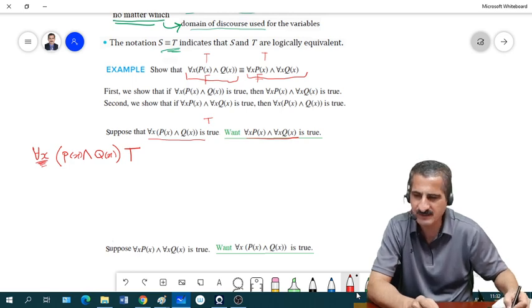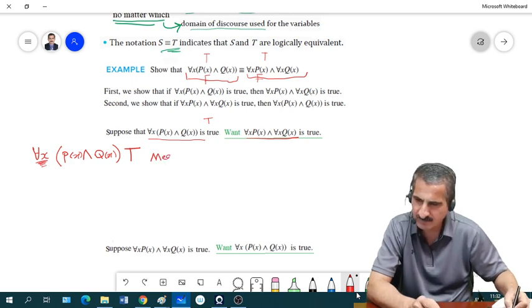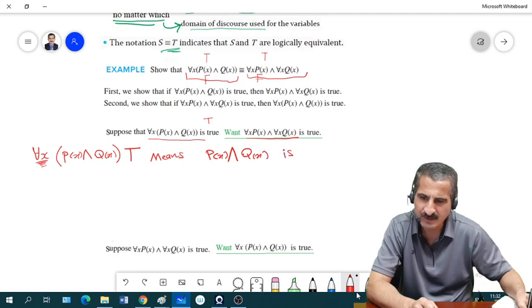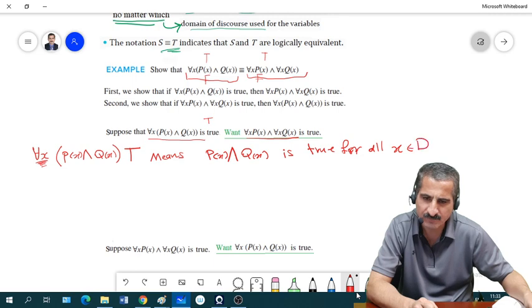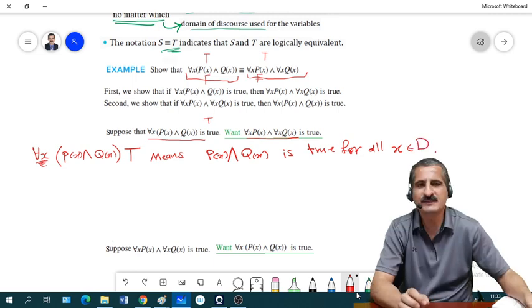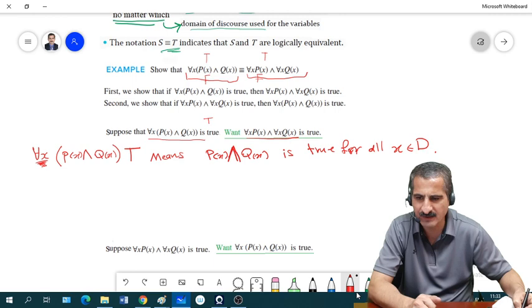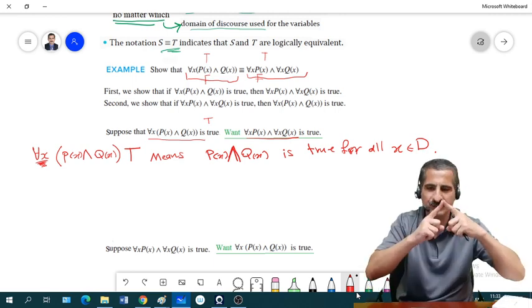That means p of x and q of x is true for all x in the domain. P of x and q of x is true for every x in the domain. But what makes this true? This is a conjunction. What makes it true?